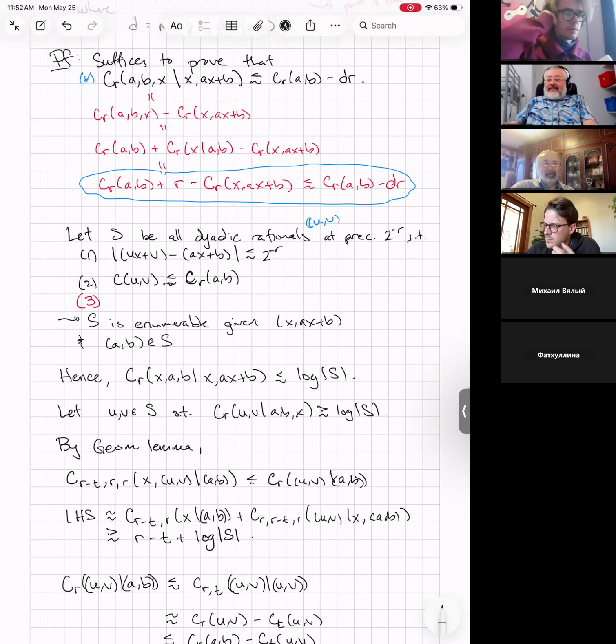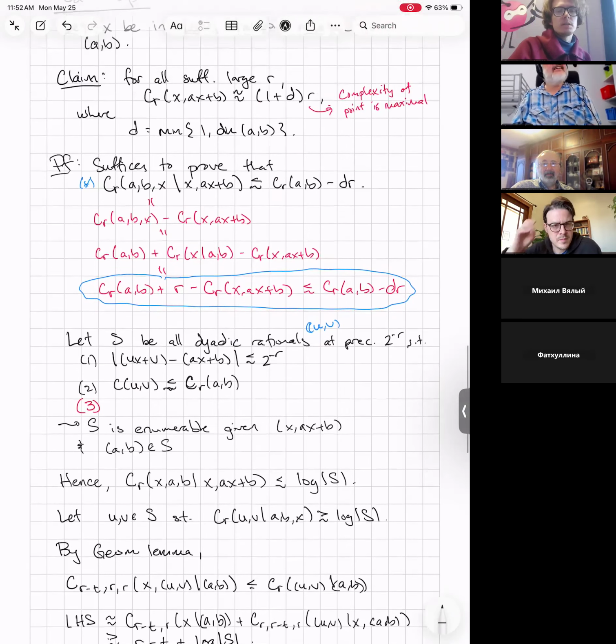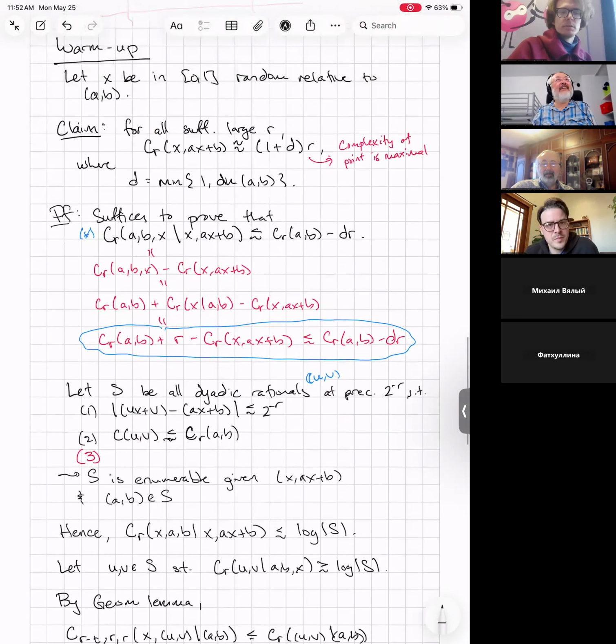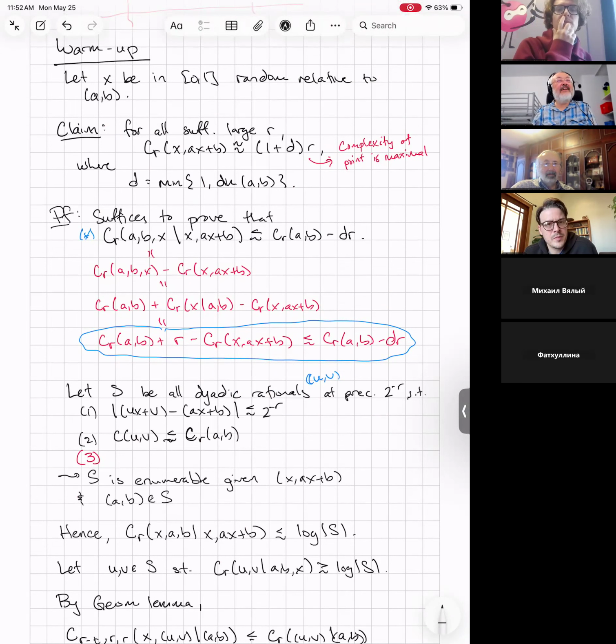In a finite field case, you somehow also should consider the number of bits, or I don't know. In the finite field case, I think this loss of precision shouldn't appear at all.